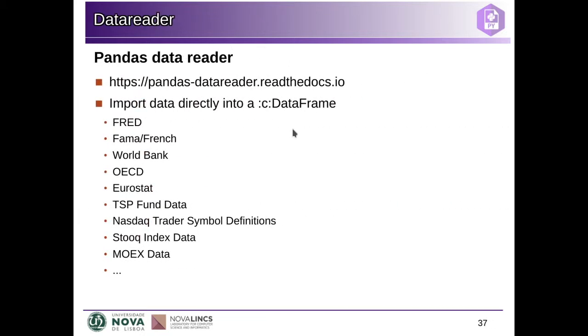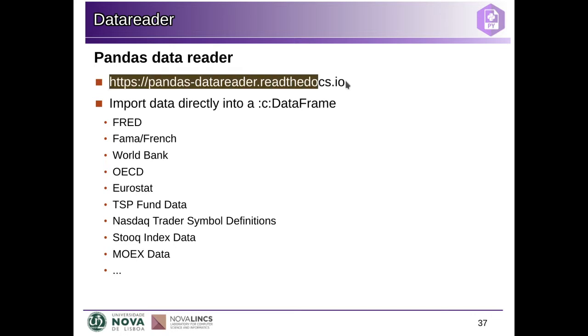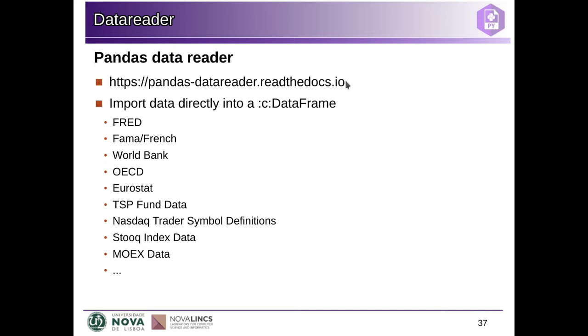Another thing that I didn't detail here, because you don't have this installed in Anaconda by default, but you can, if you go here to the data reader site, you can download this module. And this is a module for getting data from servers, directly from some services. So you have things from OECD, Eurostat, World Bank, trading, and so on.